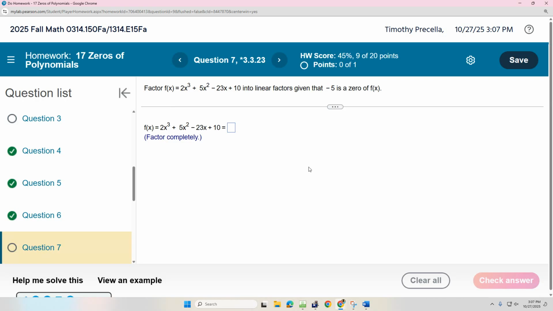Now, don't answer this for them, Tony, but I want them to be thinking. There's a drawback to this method. It's great: here's the zero, use that zero to break it down so that you can get something you can factor by trial and error. But there is one big drawback. What is that drawback?